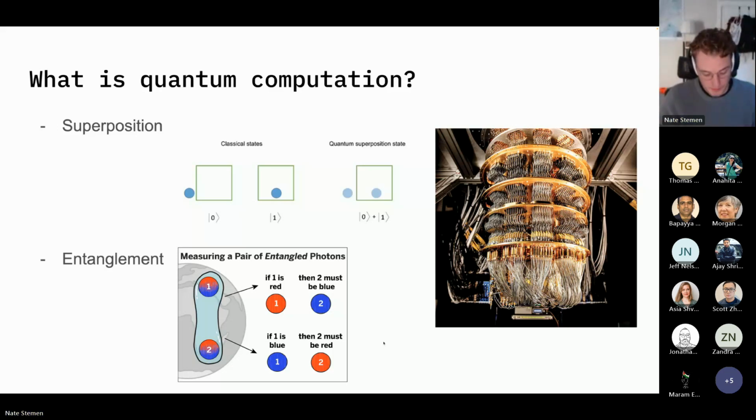In the early 90s, a mathematician by the name of Peter Shor published an algorithm that factored large integers in a way that was much faster on a quantum computer. Now, in the 90s, there aren't any quantum computers, so this is a purely theoretical algorithm.